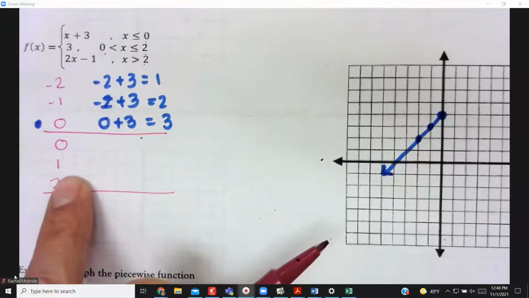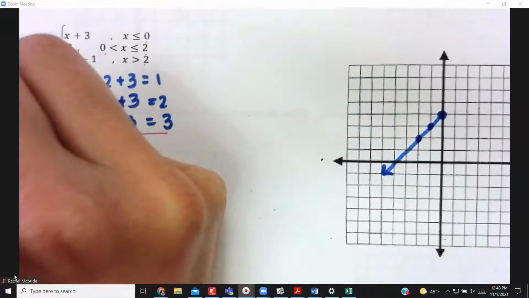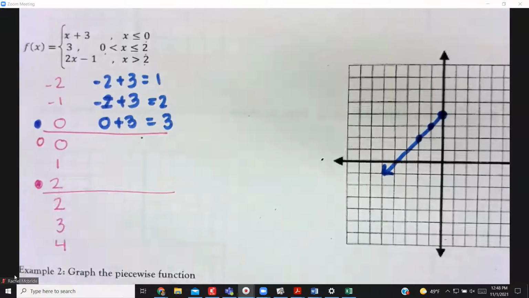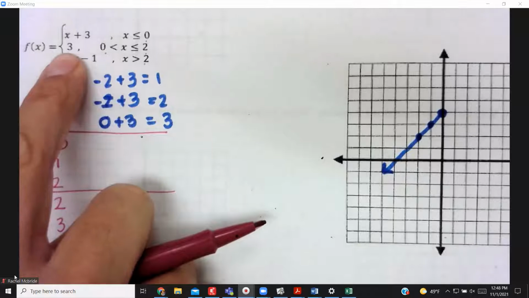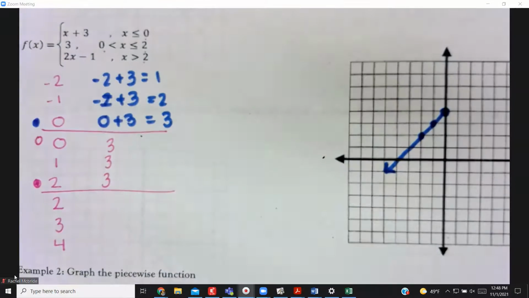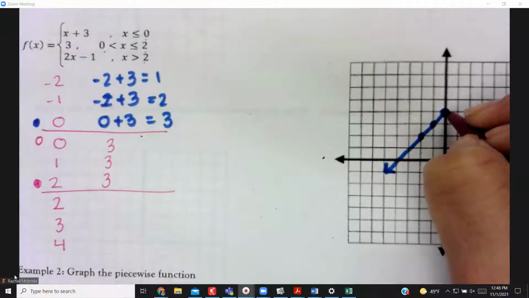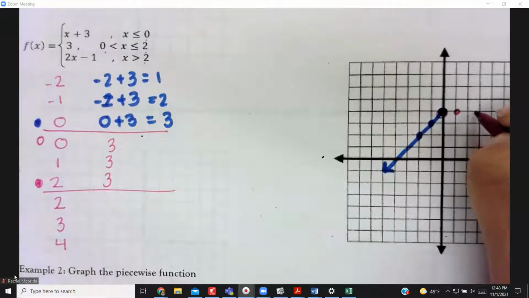In the middle, it goes open to closed. And these points here are always this function here. So we are always at a height of 3. So it goes 0, 3, 1, 3, 2, 3.